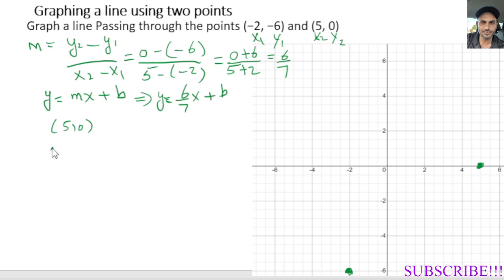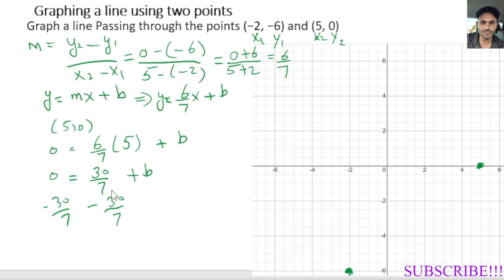So let's plug in these values in this equation. So y is 0, 6/7, and for x, plug in 5 plus b, and simplify this. So 0 equals, when we simplify this, you multiply the numerator with 5, so it's 30/7 plus b, and then you go ahead and subtract 30/7 from both sides to eliminate 30/7 and solve for b.